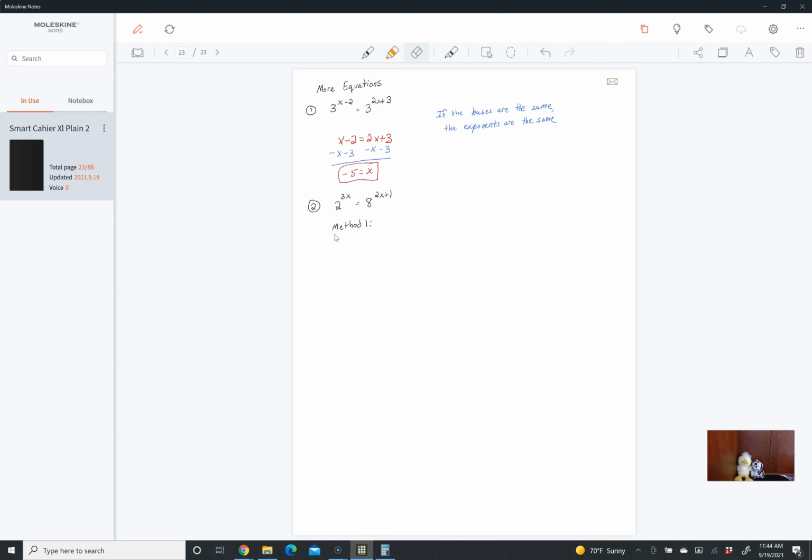Only works when we can express both sides with the same base.